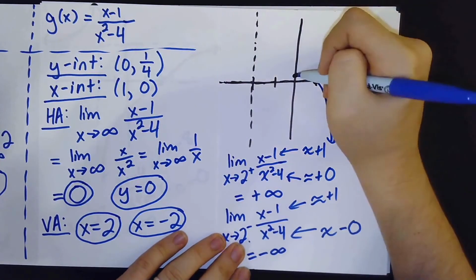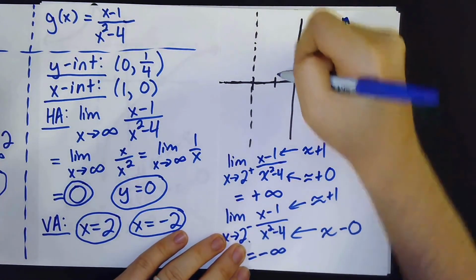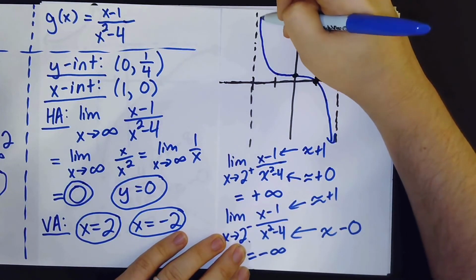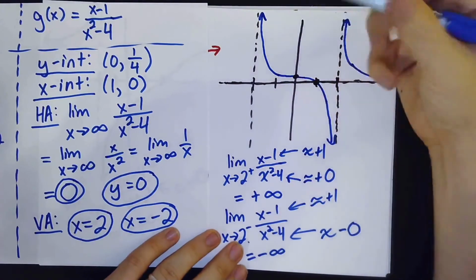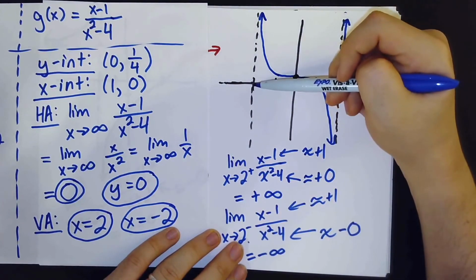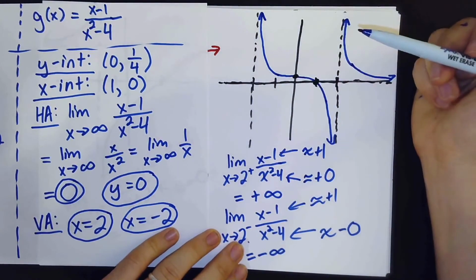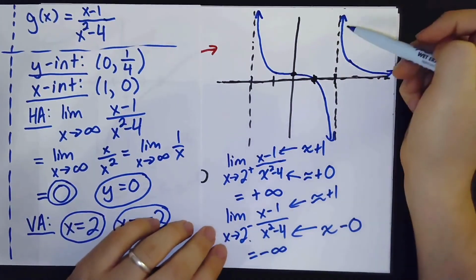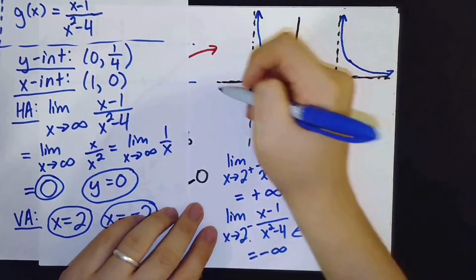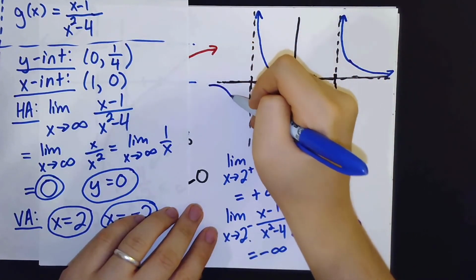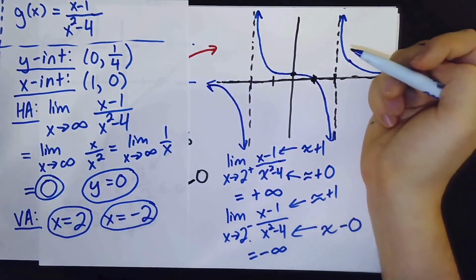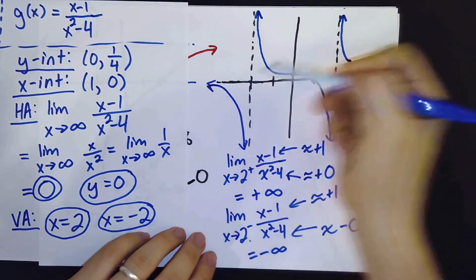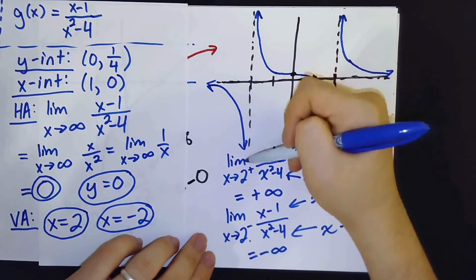Okay. What happens is that it ends up going up like this. So the limit as x goes to -2 from the right is plus infinity. And then the other piece ends up looking like this, meeting this horizontal asymptote and this vertical asymptote.